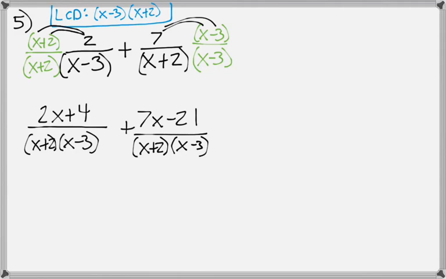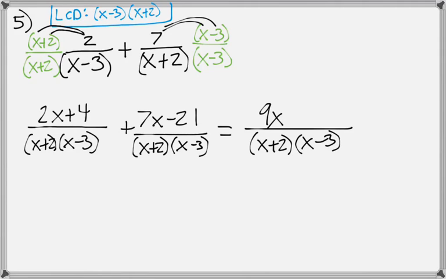And now that they have the same denominator, we can just copy that denominator over. And we want to combine like terms on top. So 2x plus 7x is 9x, and 4 plus a negative 21 is minus 17.